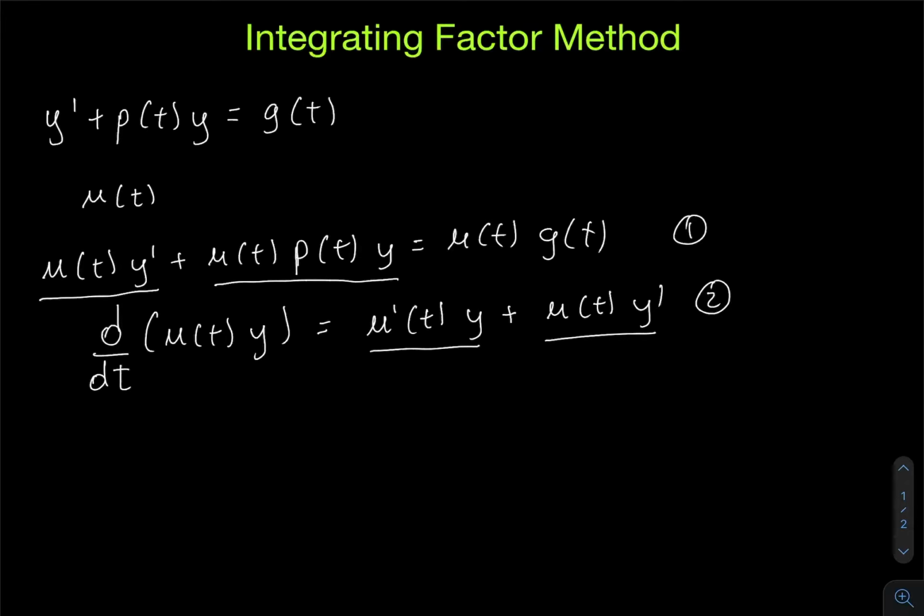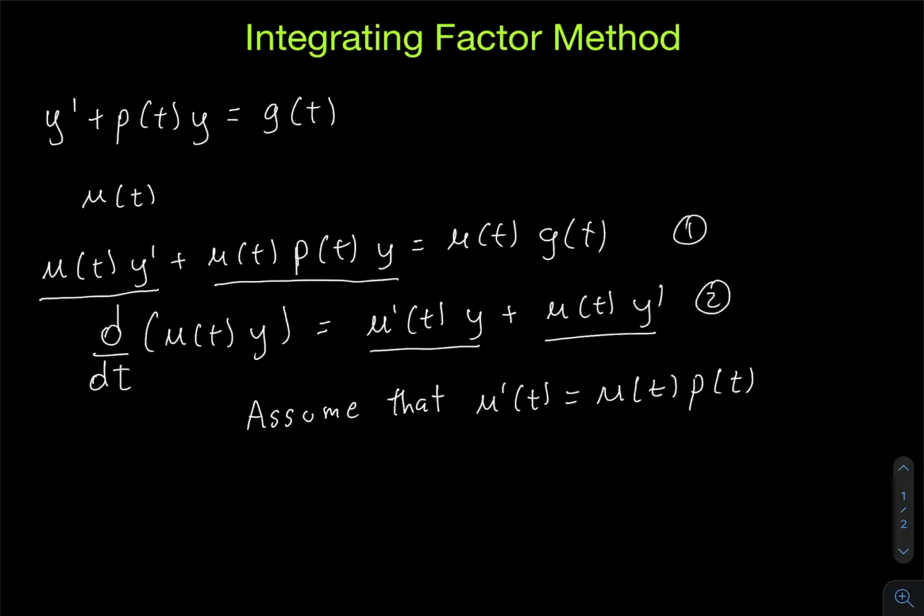But what we're going to do to make them equal is we're just going to assume that mu prime of t, sorry, mu prime of t is mu of t times p of t.